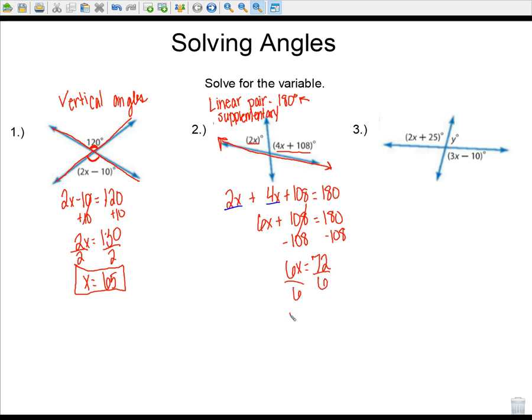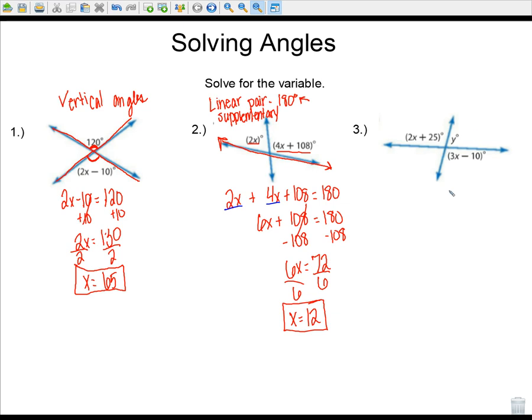And finally, the last step is to divide both sides by 6. We should get x is equal to 12. Okay, so again, recap on this question: linear pair, because they are right next to each other and this is a straight line. Since this is a straight line, we know that these two adjacent angles will be supplementary, which means they'll add up to 180.